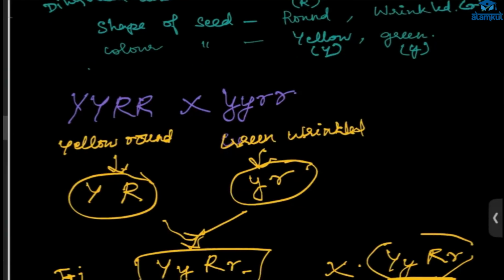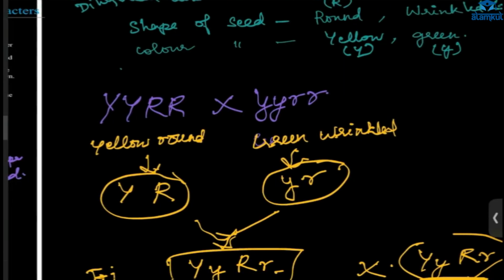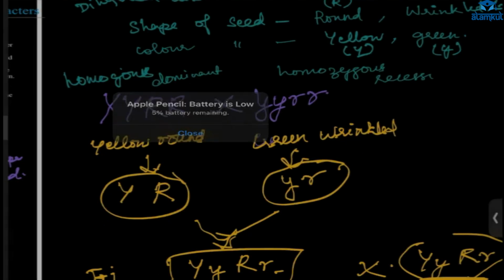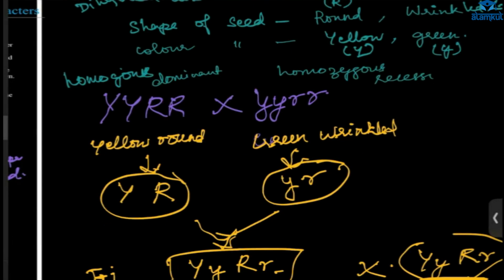Now what we are doing is we are taking homozygous. This is homozygous dominant. This is homozygous recessive. You guys know, right? What is homozygous? Ria? Ma'am, I don't know.